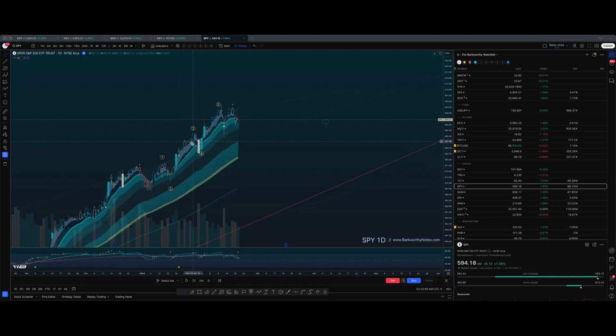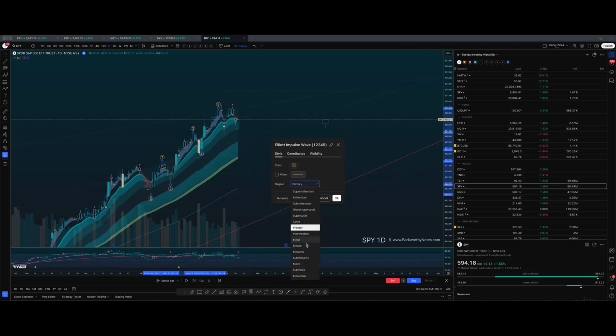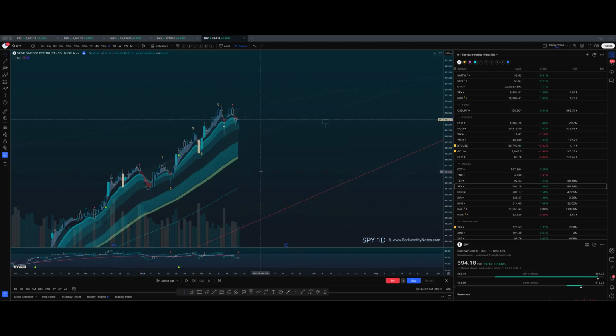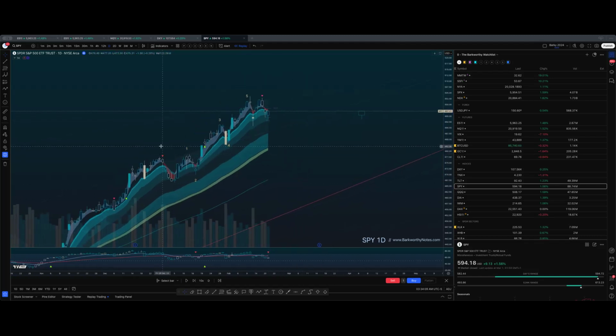And wave 3 is the largest. If you look at the book, this is compliant with Elliott wave theory. And then your correction starts. So now you have your impulse wave, and then you need your ABC, and you get that. So you stop out, and then ABC. This is what you need to get.